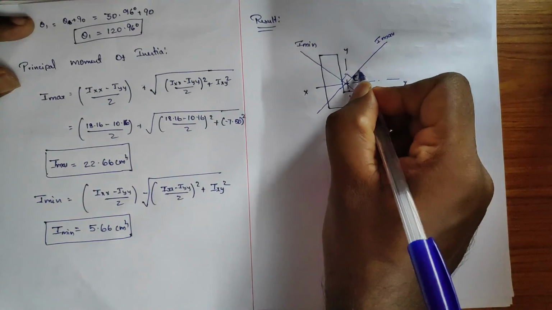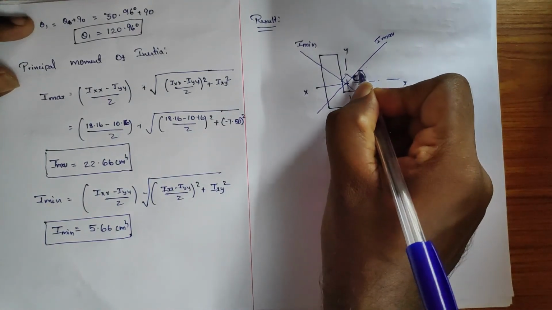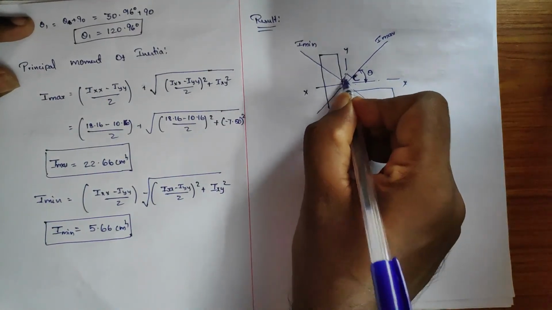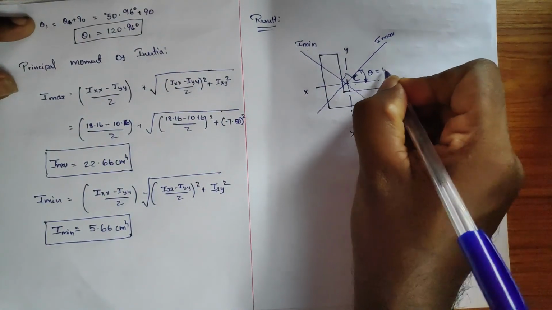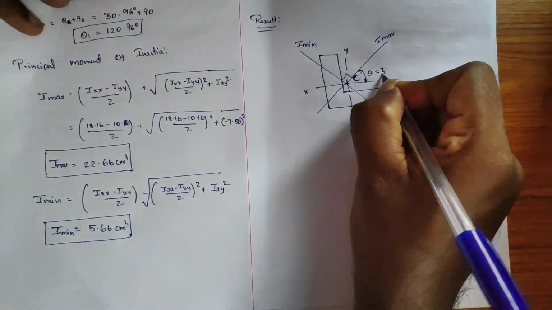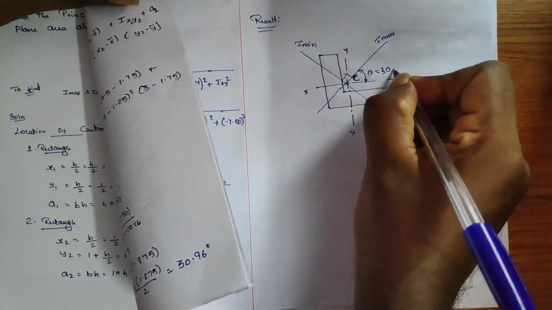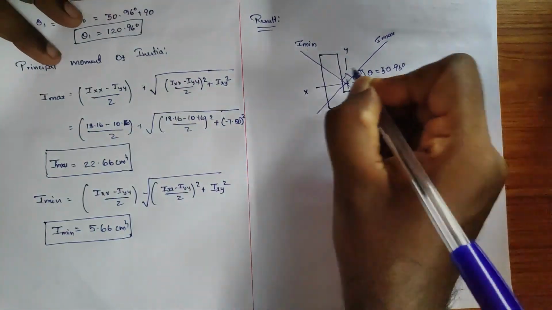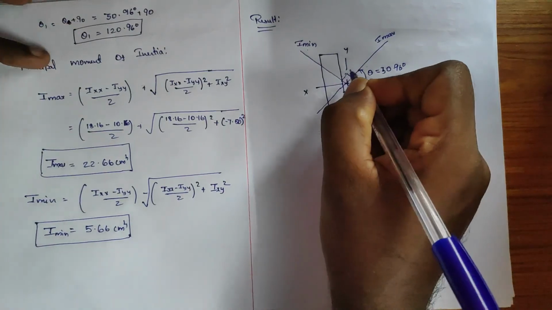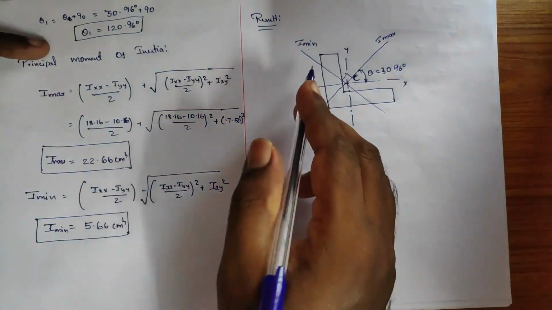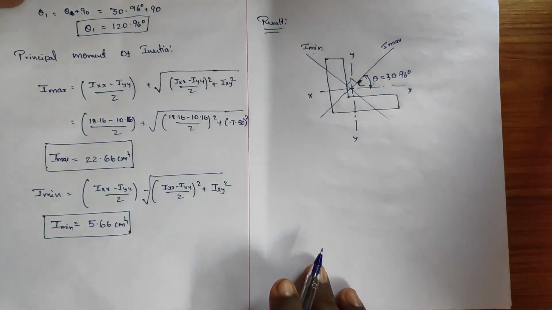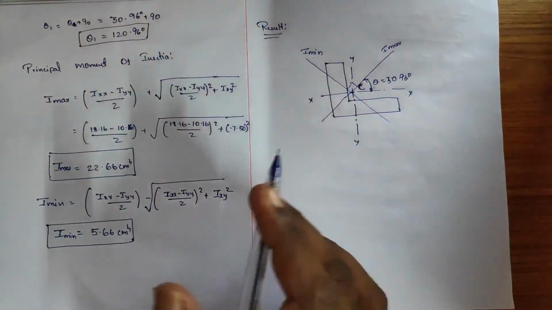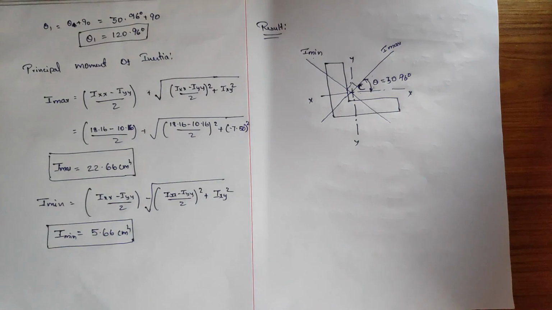From this theta value, we have added 90 degree, we got theta 1. Theta here is 30.96 degree, and theta 1 is 120.96 degree from here. Okay, so we have plotted the I max and I minimum.